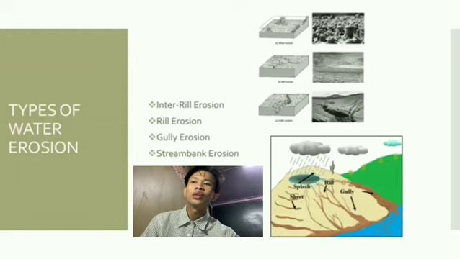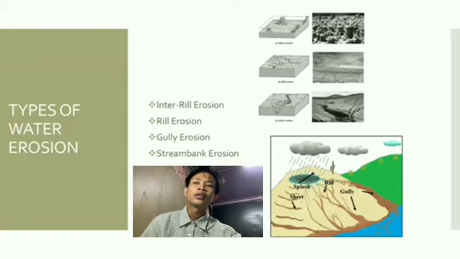Thirdly is gully erosion. Gully erosion refers to the movement of soil by larger streams of water. This type of erosion causes channels in the soil that are at least 1 foot deep and cannot be smoothed over completely by normal agricultural operations. Lastly is stream bank erosion.